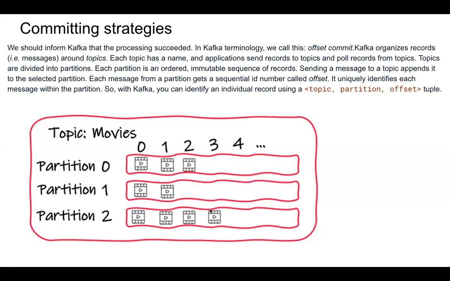This one belongs to movies, partition 2, offset 3. So this is how you can uniquely identify a message. These are what you call the coordinates, or the tuple, to uniquely identify any message. Again, committing strategies is about letting Kafka know that all these messages were successfully processed.